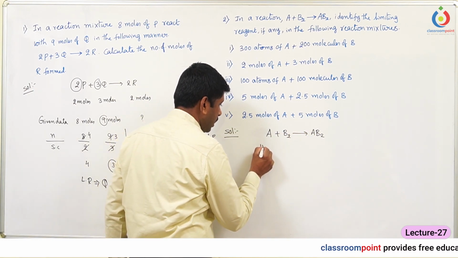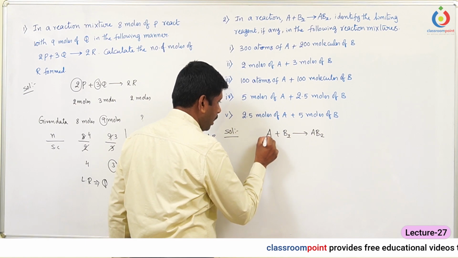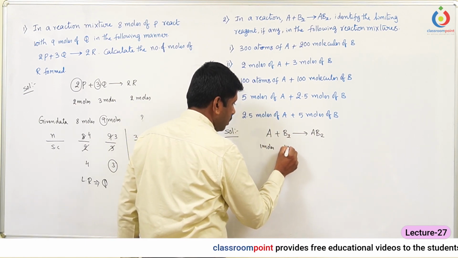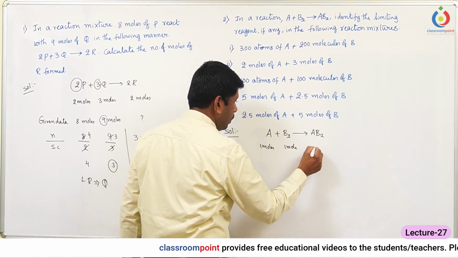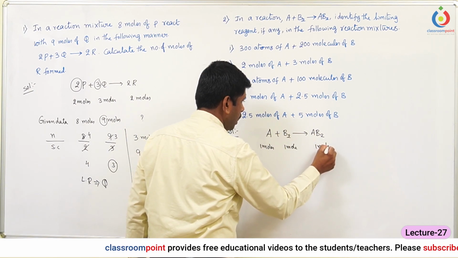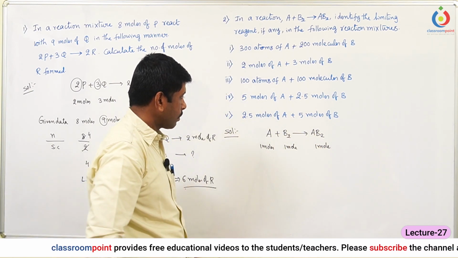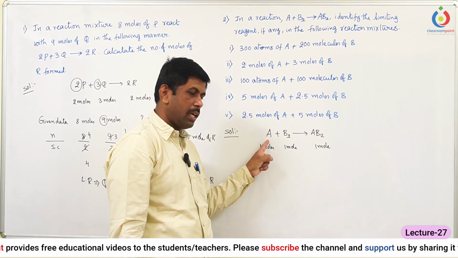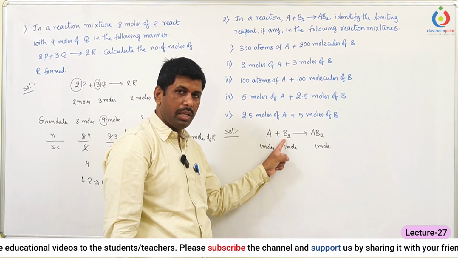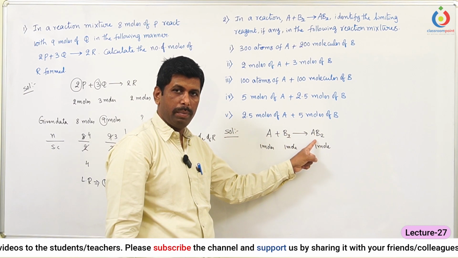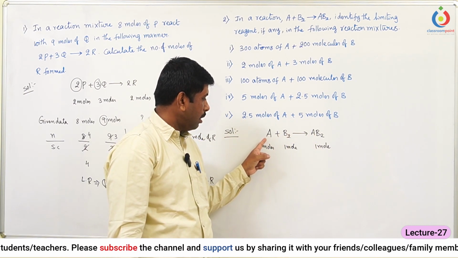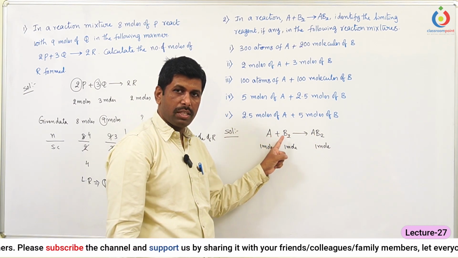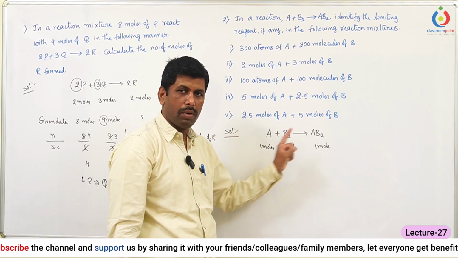So we can write that 1 mole of A reacts with 1 mole of B2 and gives 1 mole of AB2 molecules. In terms of atoms, 1 atom reacts with 1 molecule giving 1 molecule of AB2. If you take moles, 1 mole reacts with 1 mole of the molecule giving 1 mole of the molecule.